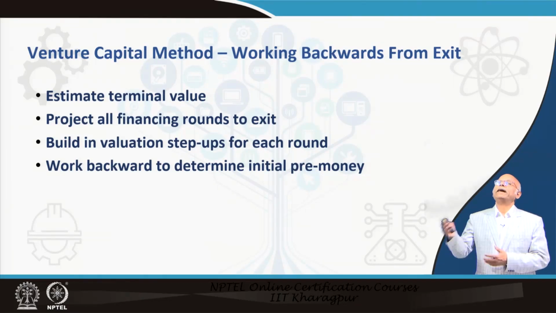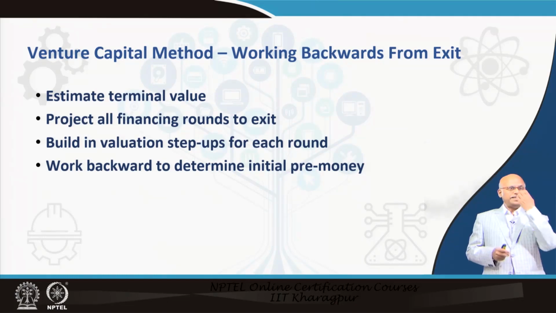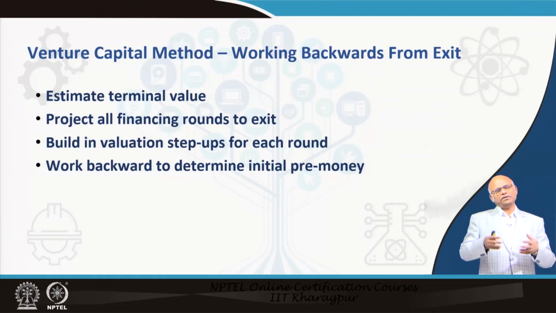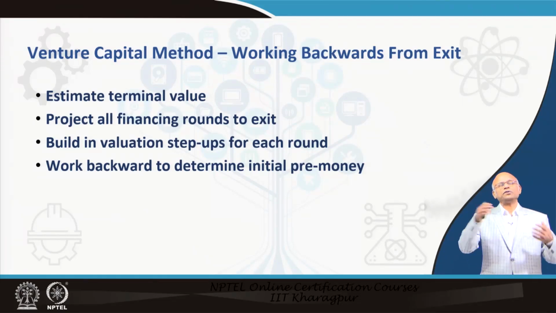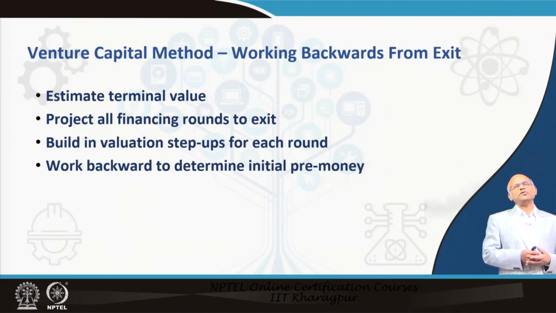So, if you work backward, you estimate the terminal value after 5 years, then project all financing rounds to exit. In between, suppose we are slightly moving forward. Suppose in the 5th year, before the 5-year period, in between, say in the 3rd year or some time, you raised another round of funding.